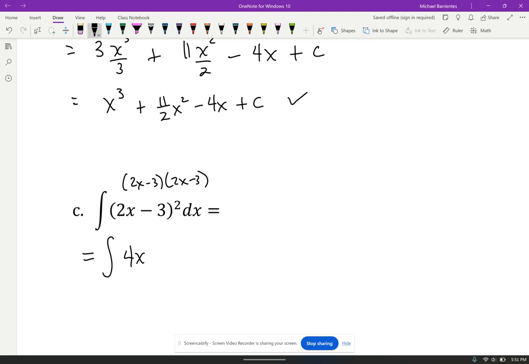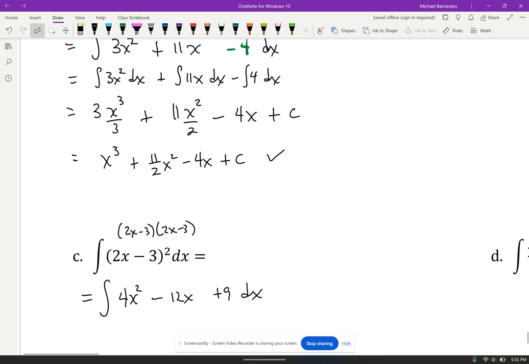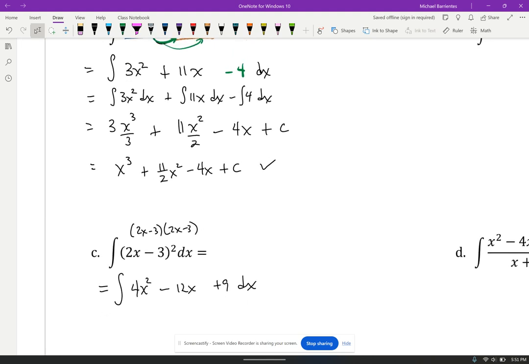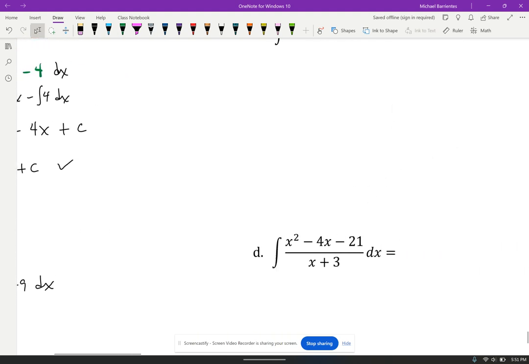So that'd be 4x squared minus 6x plus 9. And again, we can put the middle terms together. And so that's going to be minus 12x. And then I can take the antiderivative of that similar to the way I took the antiderivative of letter A.